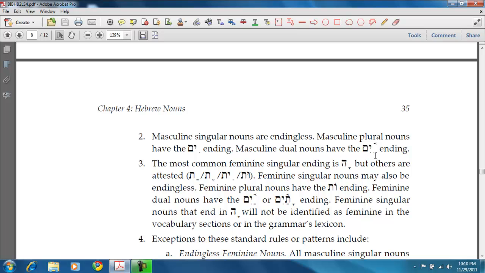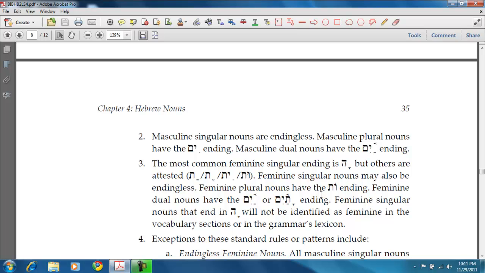Masculine dual nouns have the patach, yod, hirik, and mem sofit ending. Most common feminine singular endings are kametz hey, but there are others that are attested such as patach tav, segol tav, hirik yod tav, and shureq tav. And that's key to know, is the tav. That usually tells you that that's feminine. Feminine singular nouns may also be endingless, like I said.